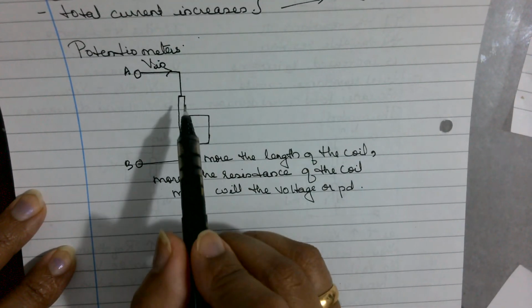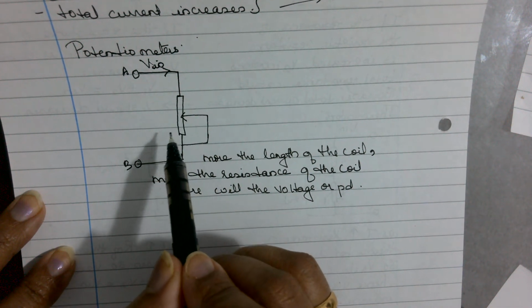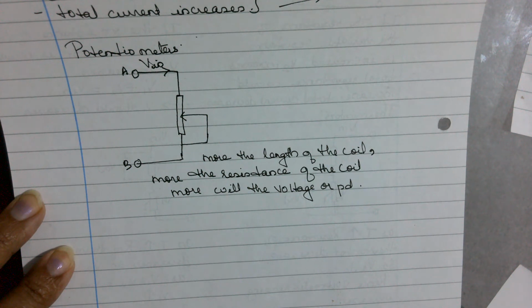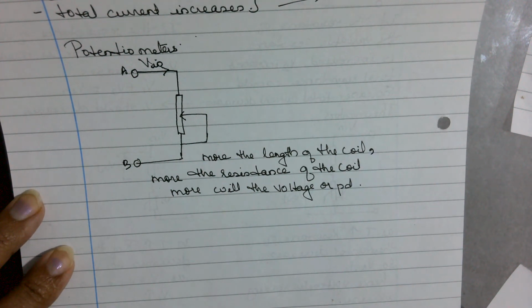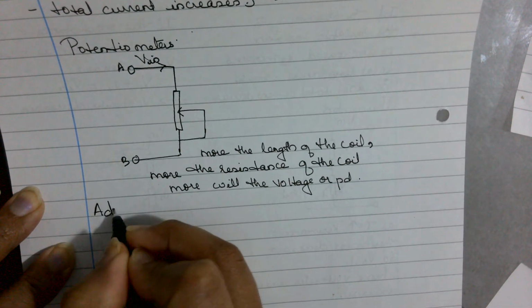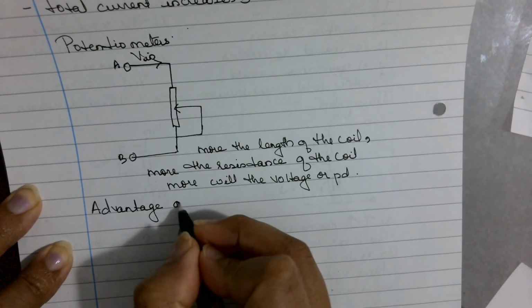Because here I can make the resistance 0, by not including any length of that coil, which means the terminal PD can become 0. But in the case of potential dividers, there is always a minimum value for resistance, which means they will always have a value for potential difference also.